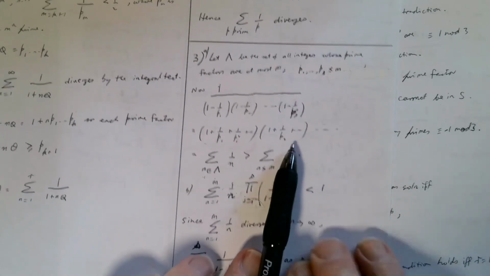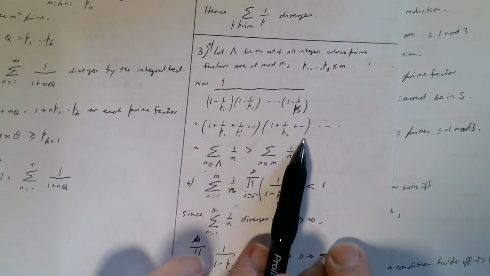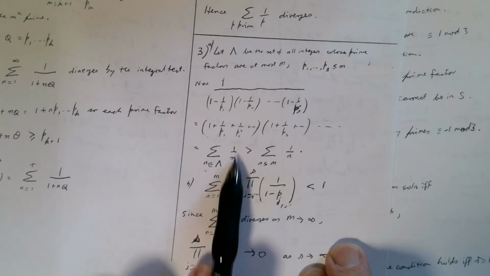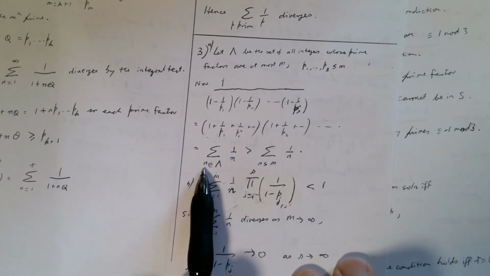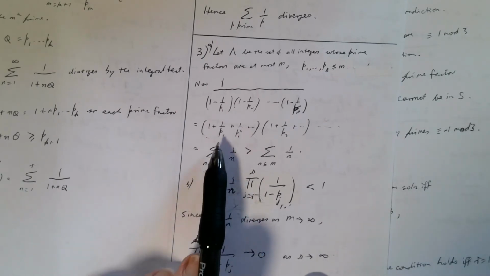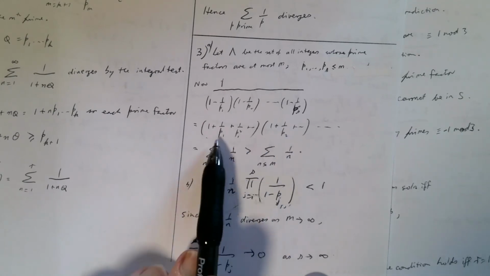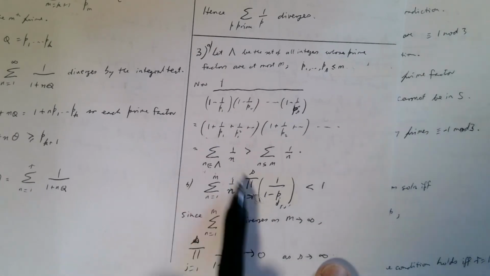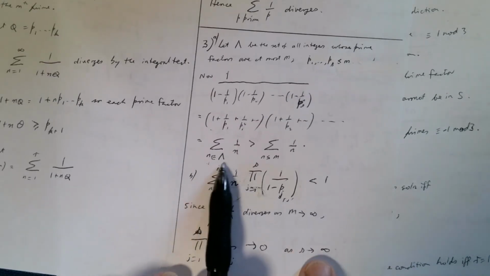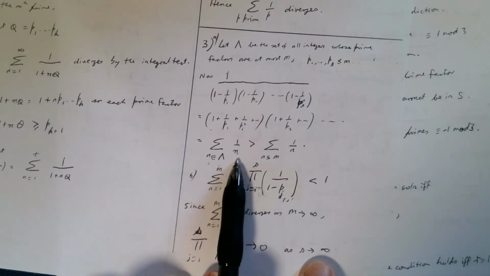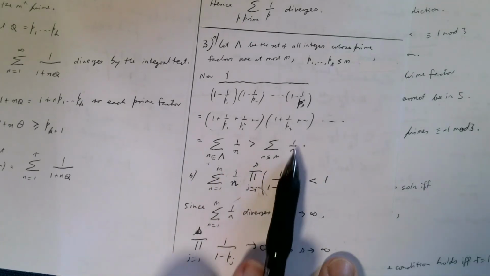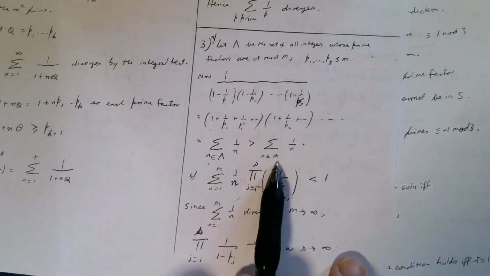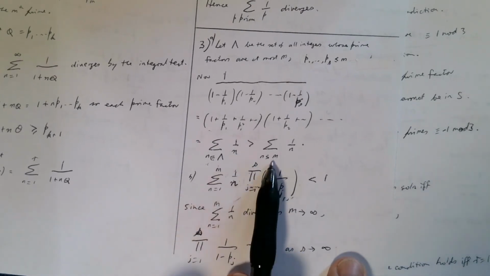By the fundamental theorem of arithmetic, when I take all the brackets out, I'm going to get a sum of 1 over n, where all the prime factors of this n consist of these primes p1 up to ps, which themselves are at most m. So if the prime factors are at most m, then this sum will contain all of the reciprocals of n for n less than or equal to m, plus more besides. So this sum is bigger than this one.